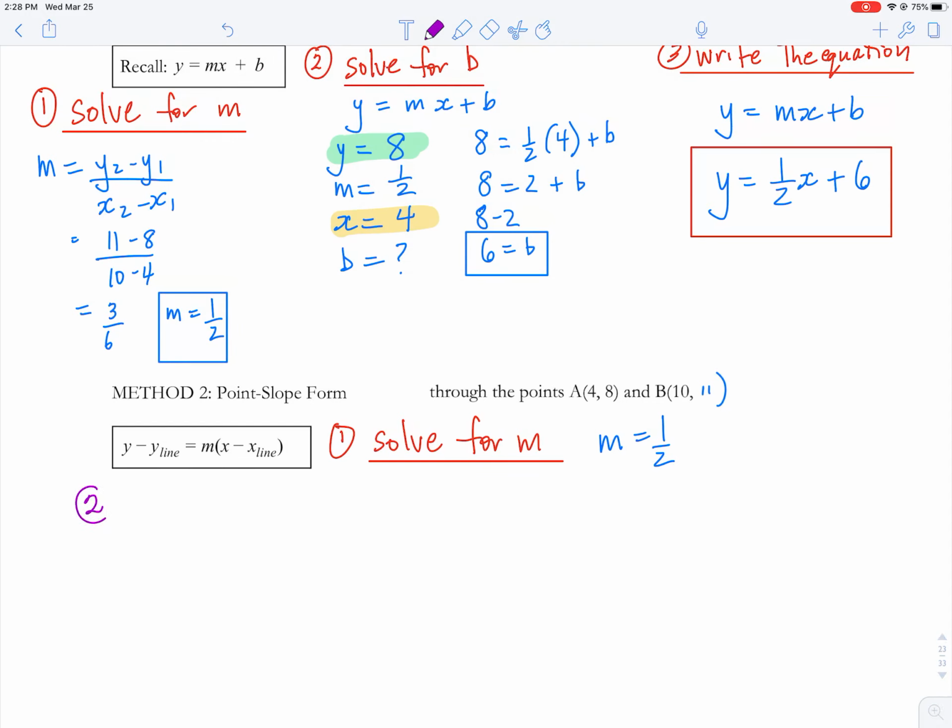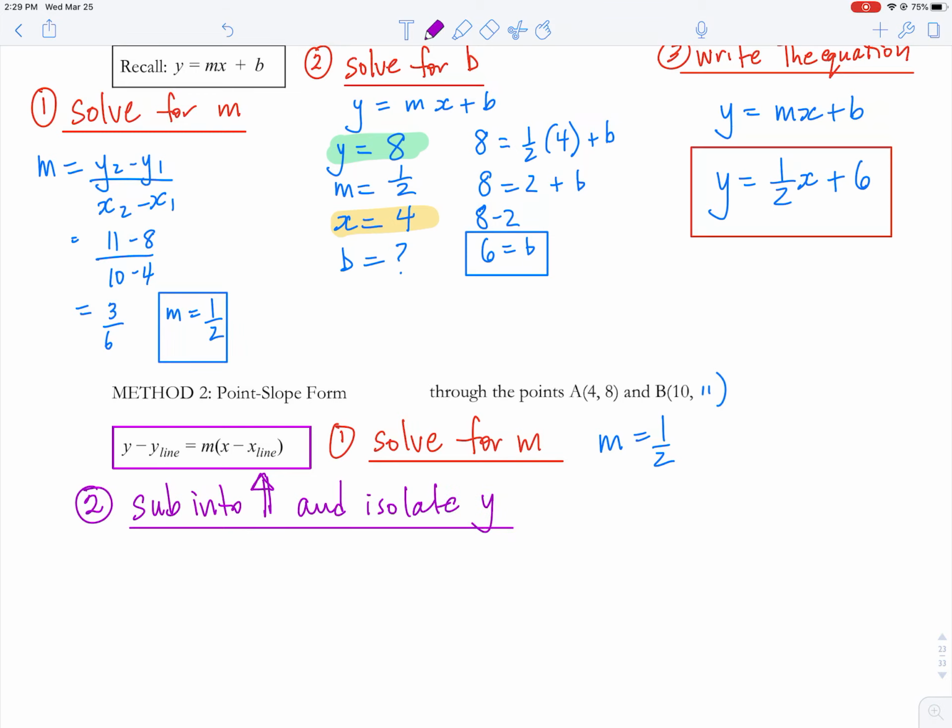The second step is we're going to sub into this formula and isolate y. I'll show you what I mean in a second.